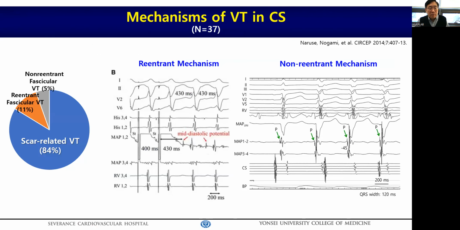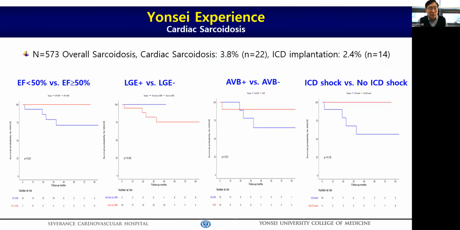Nogami group proved the majority of VT mechanism of cardiac sarcoidosis are scar-related macro reentry, but 11% shows the vascular reentry, and non-reentrant mechanism also exists in about 5% of VT patients with cardiac sarcoidosis. This is a sarcoidosis experience in my institute.